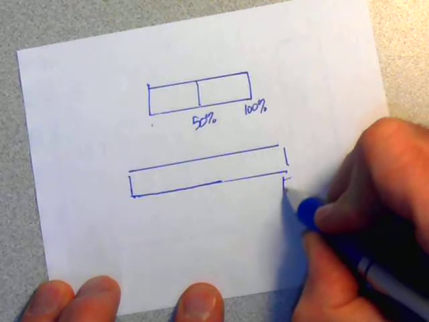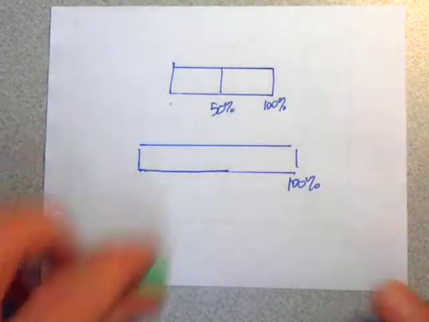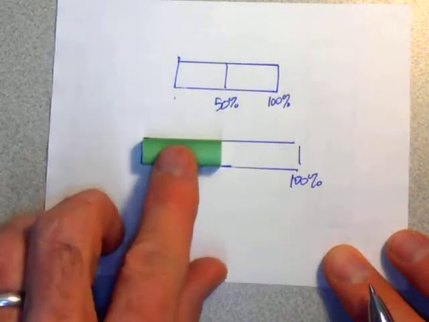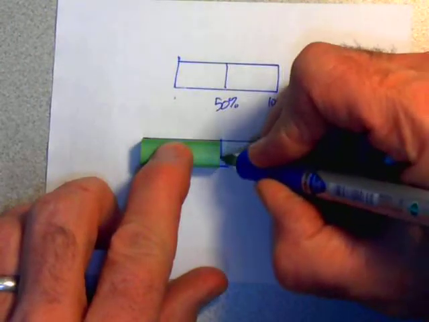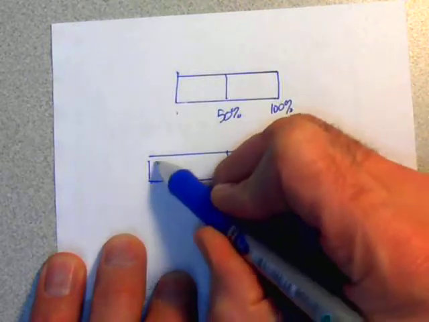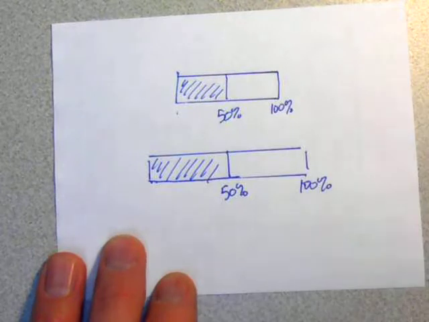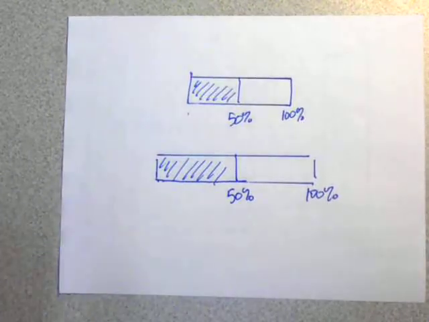There's 100%. And then I can use the light green to shade that in as 50%. Oops, forgot to shade that one. Okay, so I can use these for different things.